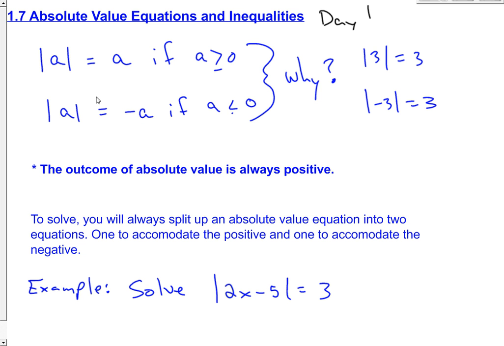a positive outcome. So for example, if I have the absolute value of 3, my answer is 3, the same as my number on the inside. If I'm taking the absolute value of negative 3, my answer is the opposite of that, so my answer is 3.